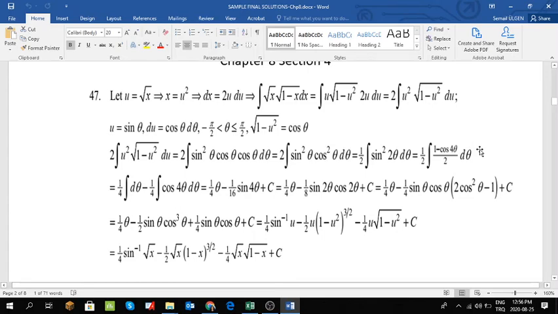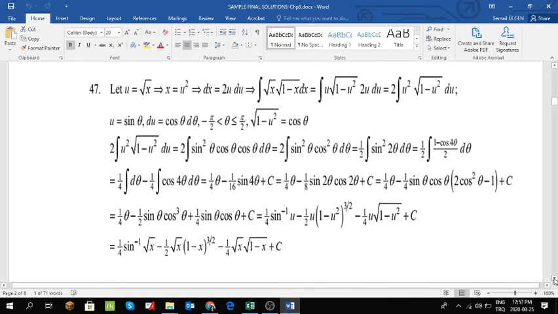One of them is for sine 2 theta, the other one is cosine 4 theta, okay? And then we just directly calculate. This is easy to calculate, this is easy to calculate. We get theta here and sine 4 theta over 4, and then what is next? We don't forget to write plus c here, and then we go back and rewrite everything in terms of u and then x, and then you get the result.